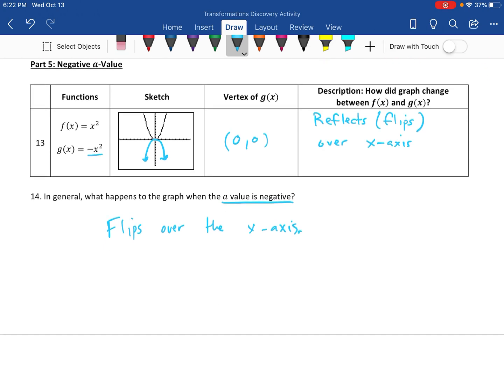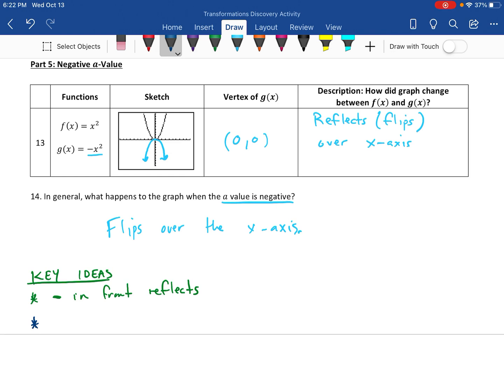Okay, so out of all of this, these are your key ideas. A negative in front reflects. Right, you just did that right above. What else?